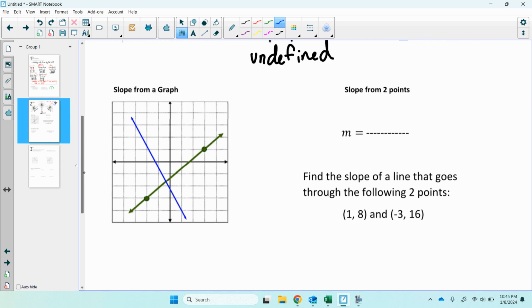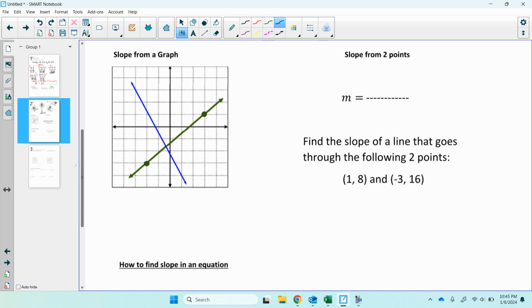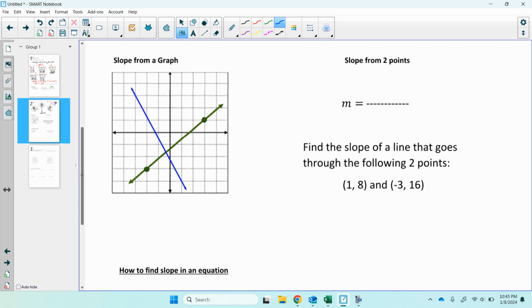So let's go through each of these methods of finding slope. If we're looking at a graph, this is where I can visually see the rise over run on a graph. So how much am I going up and over from one point to the next? Starting here on the left, in order to get to the other point, I have to increase 4.